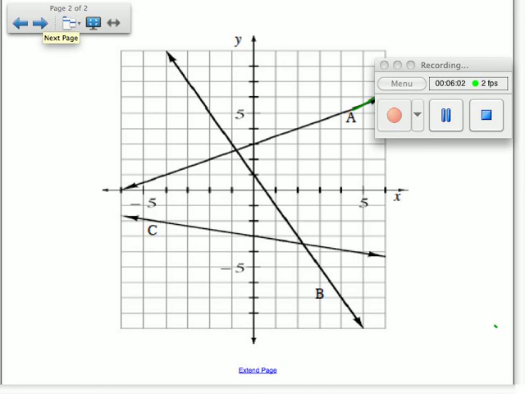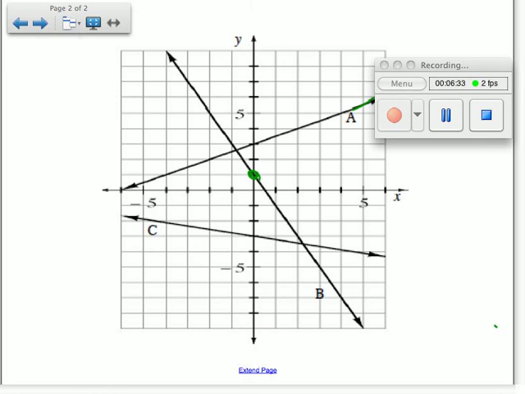Let's look at line B. Line B is over here, and from left to right, line B is going down. So it is a negative slope. So when we write our slope, it has to have a negative sign in front of it. And again, we're going to choose 2 points. I like this point where it crosses the y-axis. That would be my y-intercept, and that would be 0, 1.